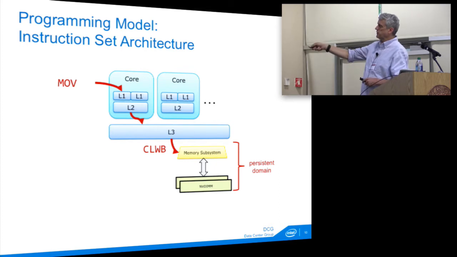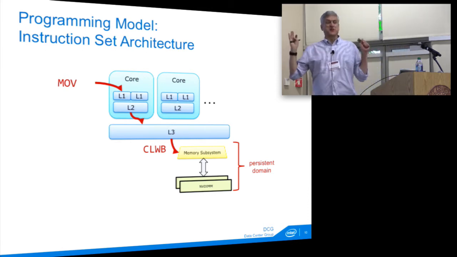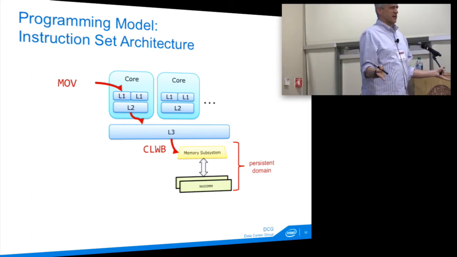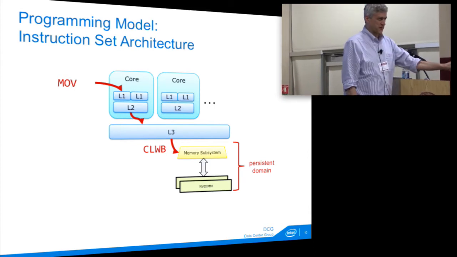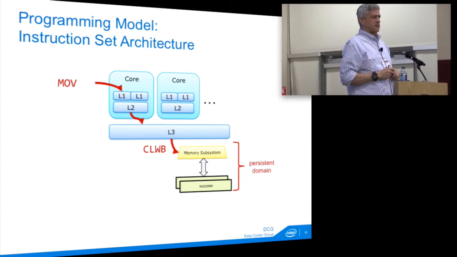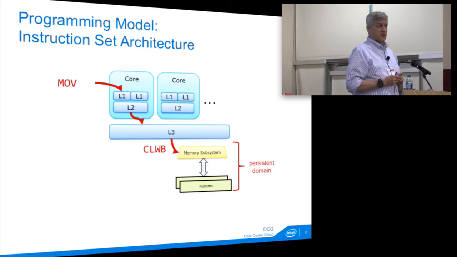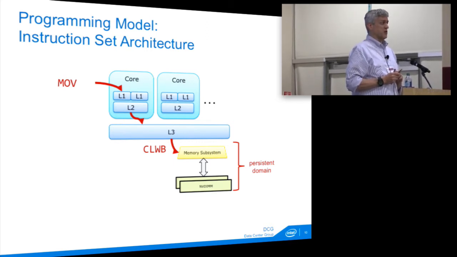Okay, so all you really have to do is make sure that there are instructions for getting things out of the part that's not part of the persistent domain. Now, believe me, the first thing I did when I started on this project is I said, listen, I just want software guys to say, store, and it's persistent. And if we could have done that, we would have done that. But it was impractical because, honestly, over the years, the CPU cache sizes have grown huge.